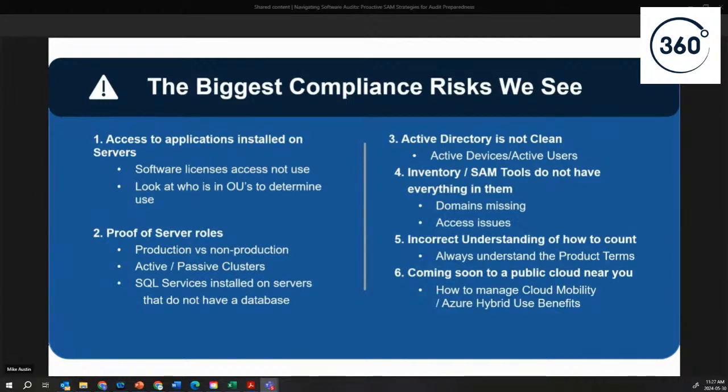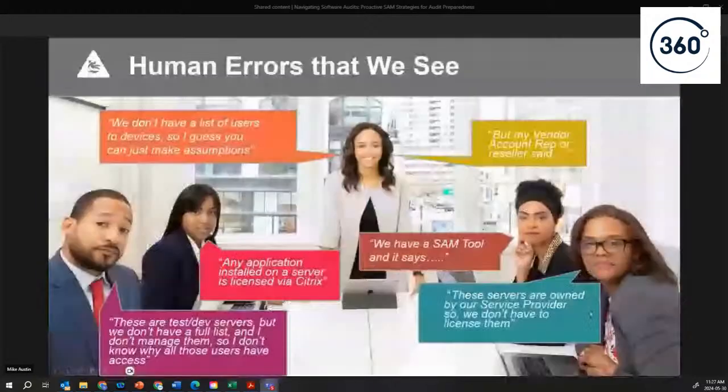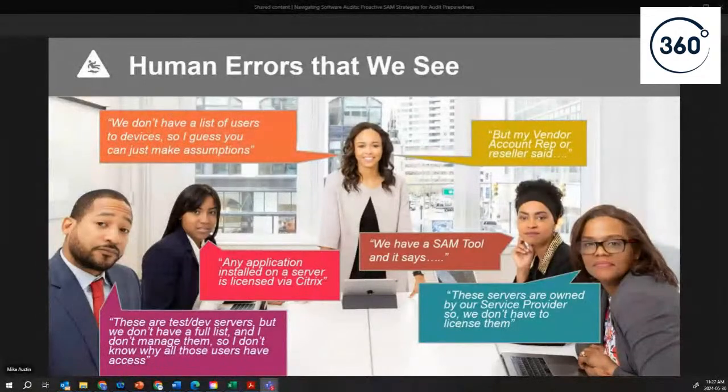And then, like I said, I talked a little bit about some of the stuff that I think is coming to the cloud here. A lot of the times the challenges in audits are caused by humans, quite honestly. People on your team that are well-meaning, but an auditor or a software rep or a technical person will ask questions, and they'll just throw things out like, "Hey, any application on a server is licensed via Citrix."